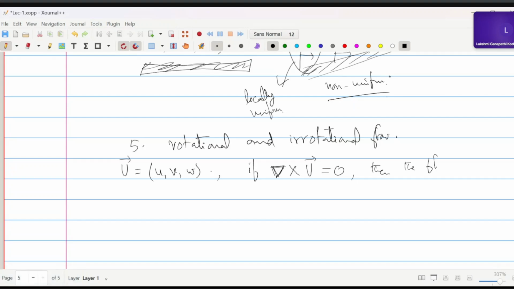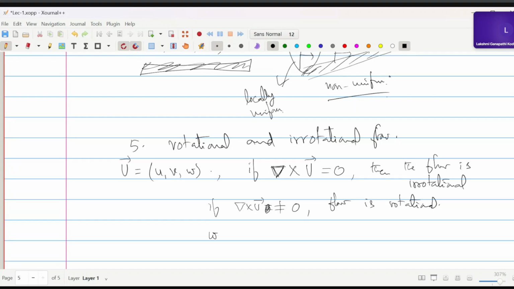Then the flow is irrotational. If del cross u is not equal to 0, then the flow is rotational. In that case, we define something called vorticity.